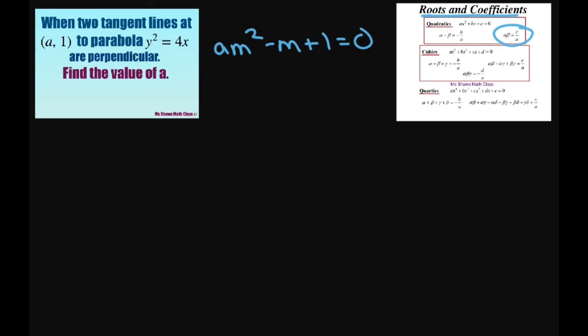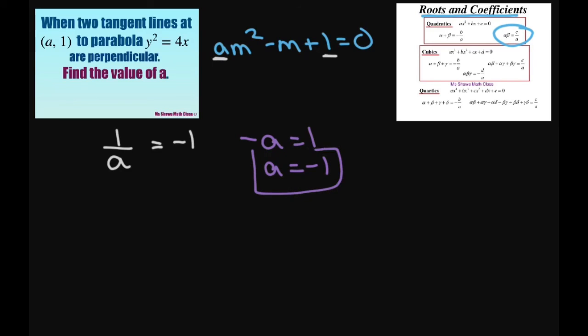The product of the roots is c divided by a, so that's 1 divided by a. It has to equal negative 1. Solving for a, you cross multiply, and you get negative a equals 1, or a equals negative 1. Therefore, your a is negative 1.